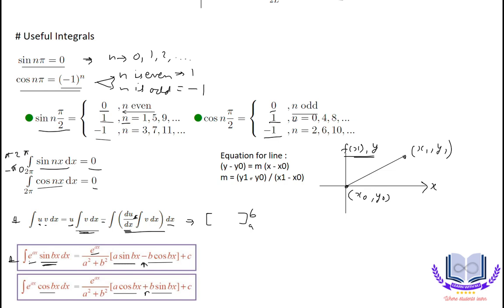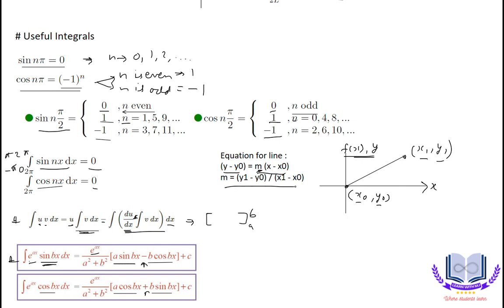So what is the formula? The formula for the equation of line is y minus y0 is equal to m times (x minus x0). Here m is our slope. So how do we calculate the slope? We calculate the slope by (y1 minus y0) divided by (x1 minus x0).